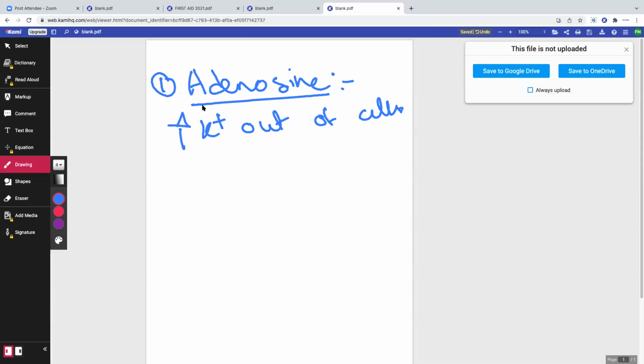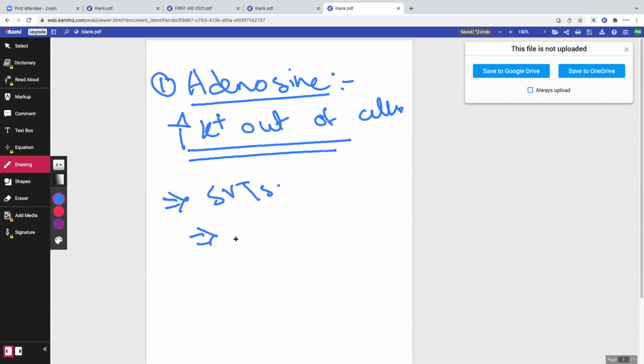So the way that adenosine works is that it increases the potassium out of the cell, right? And then what happens? Where is adenosine used? That's what I wanted to talk about. Adenosine is used for certain supraventricular tachycardia.